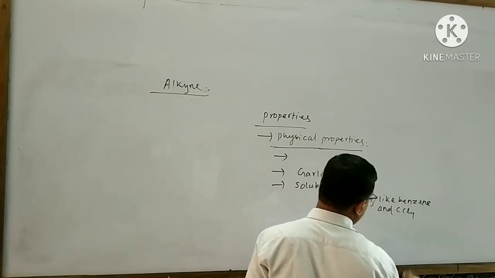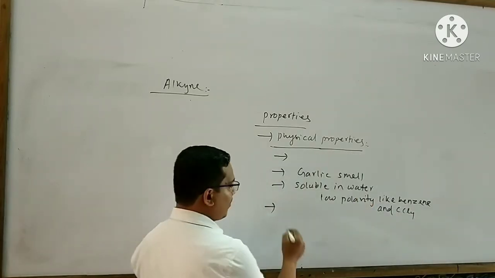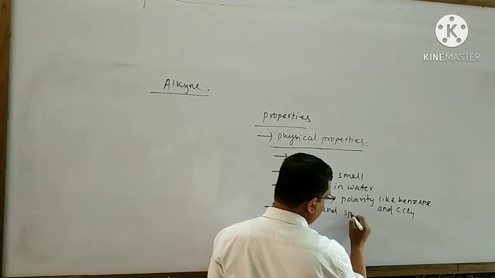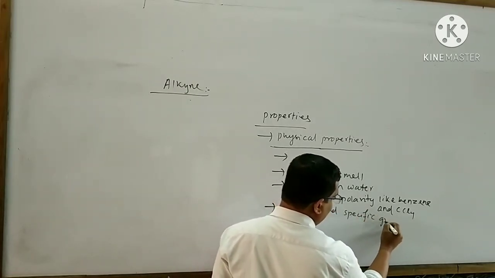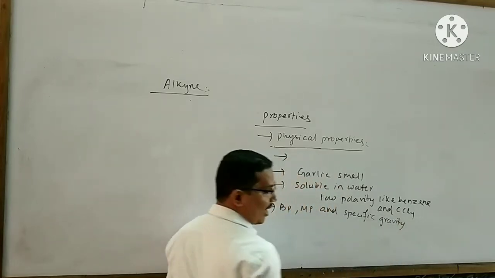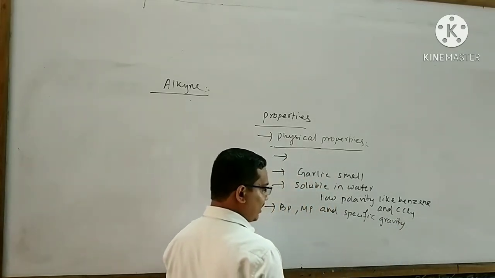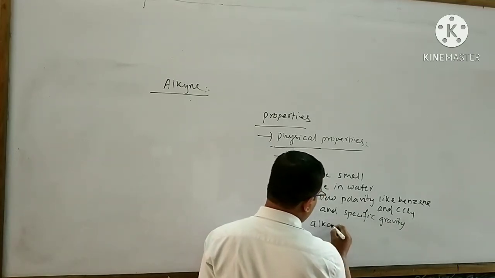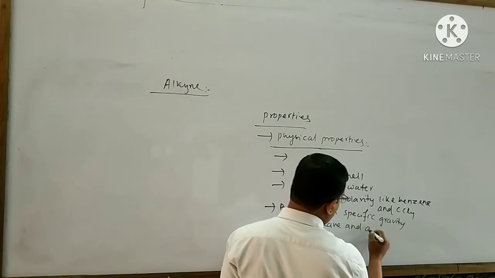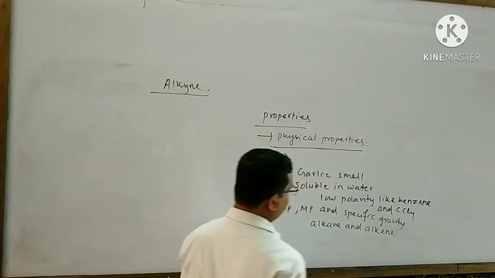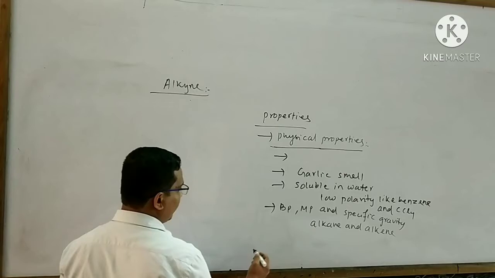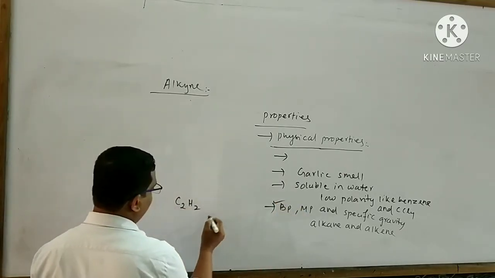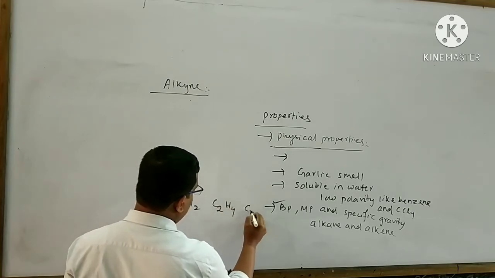Next point, the boiling point, melting point and specific gravity of alkynes are slightly higher than the corresponding members of alkane and alkene. Let me take an example to explain this point. C2H2, C2H4, C2H6.